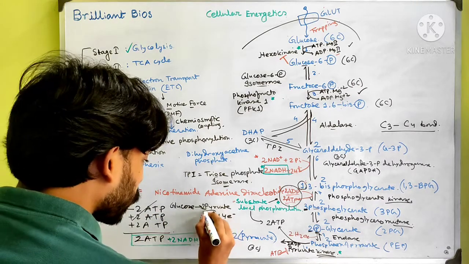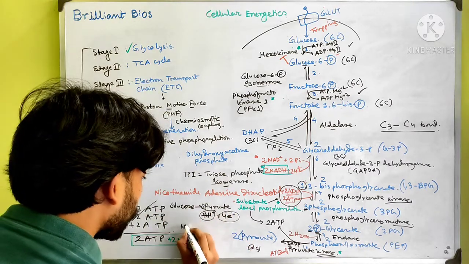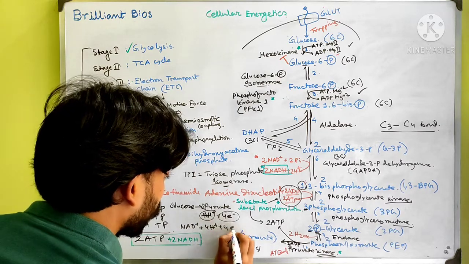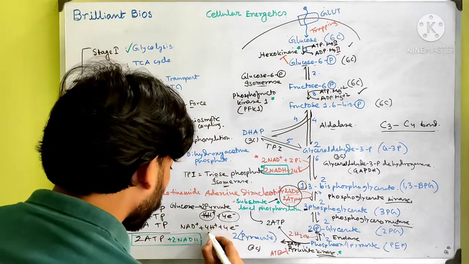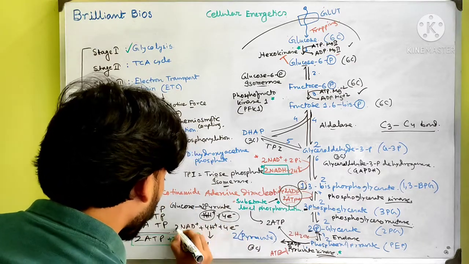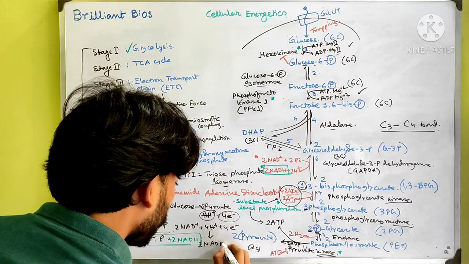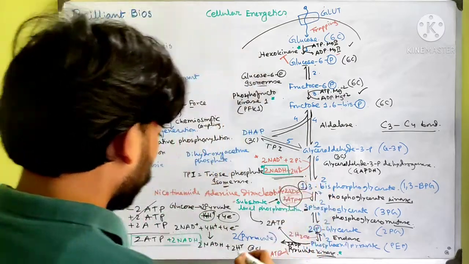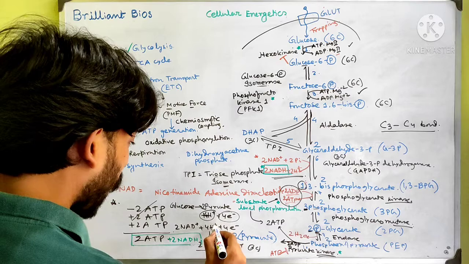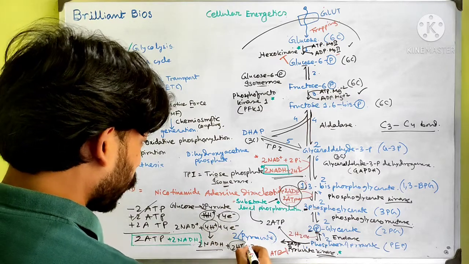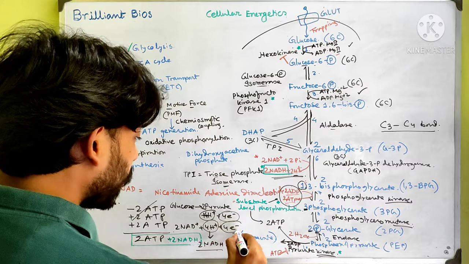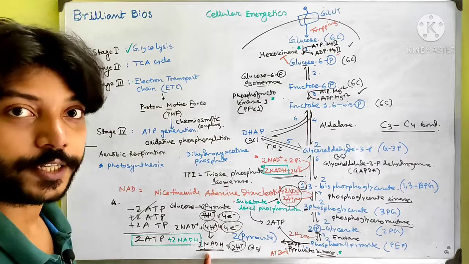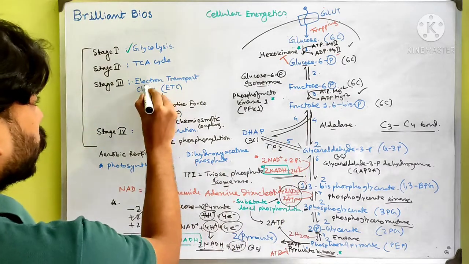And these 4 hydrogen and 4 electrons react with NAD plus molecules, and produce 2 NADH and 2H plus. Can you see here? Here 2 NADH. So 2 hydrogen are captured and 2 hydrogen are released, but 4 electrons are present in this NADH coenzyme. So it is called an electron carrier. So these electrons will play an important role in the electron transport chain.